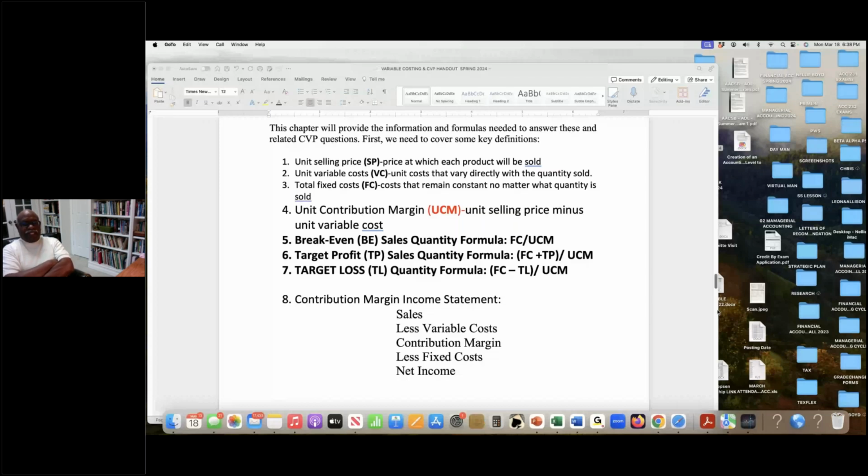Do you have this worksheet posted by any chance? I think it is posted. What's it called? Contribution margin, variable costing. It's called variable costing and break-even analysis. So you can go in Blackboard and should be able to pull it down.